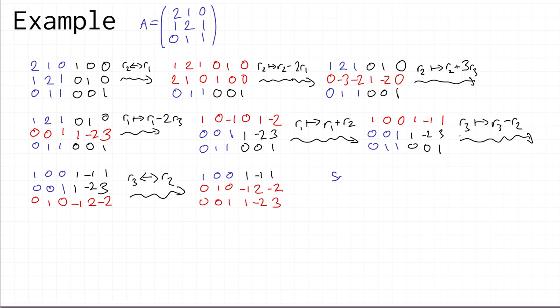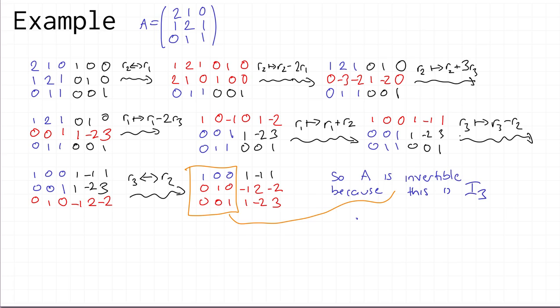So A is invertible because this bit is the 3 by 3 identity, and A inverse is the right-hand part of the matrix, which is 1, minus 1, 1, minus 1, 2, minus 2, and then 1, minus 2, 3.